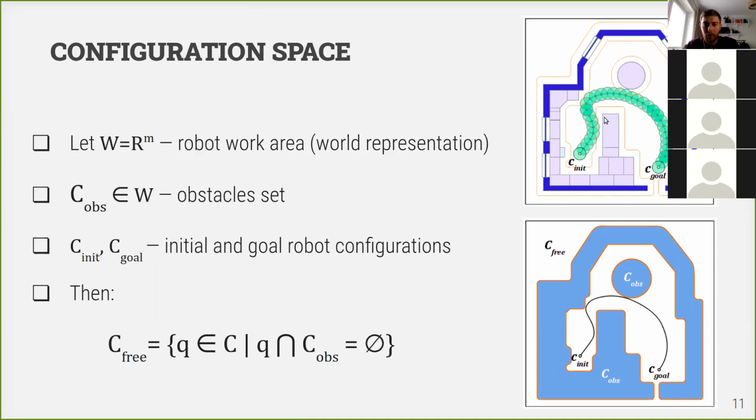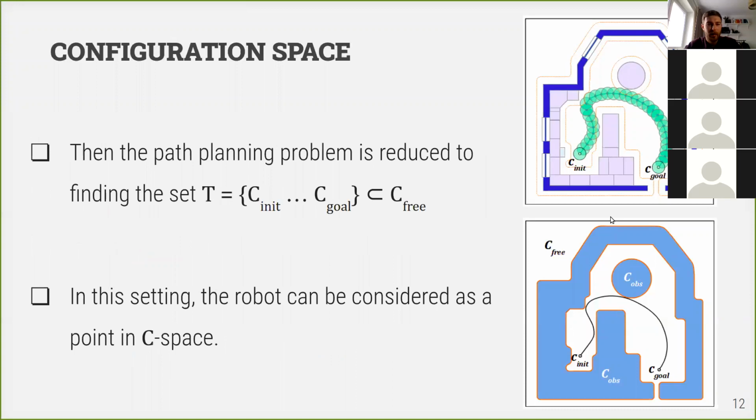So I hope this is clear: in configuration space, obstacles become bigger by the radius of our robot, because our robot cannot move closer to obstacles.